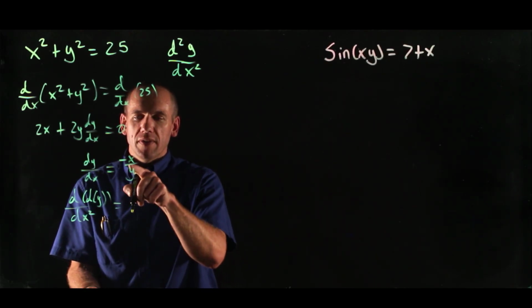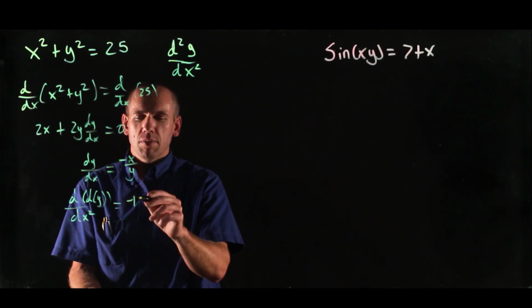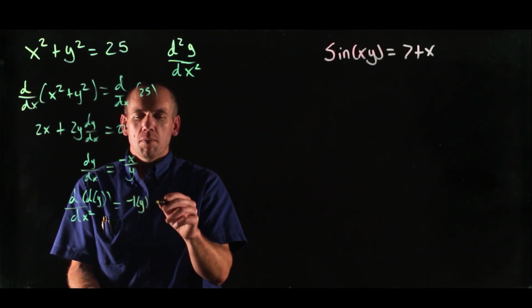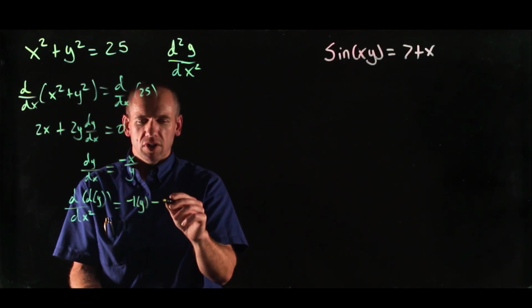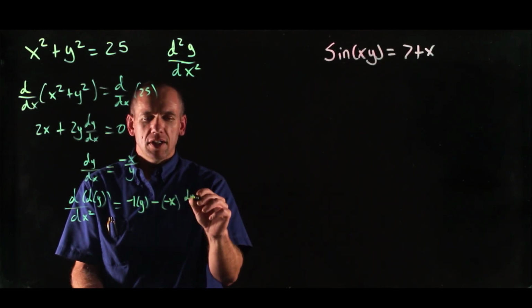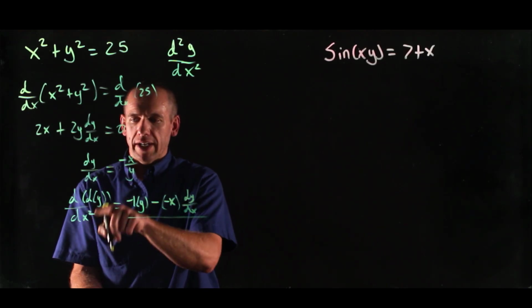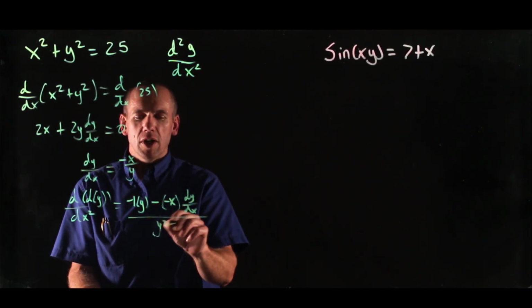So the derivative of negative x over y, using the quotient rule, is negative 1 times the bottom, which is y, minus the top, which is negative x, times the derivative of the bottom, which is dy dx, all over the bottom y squared.